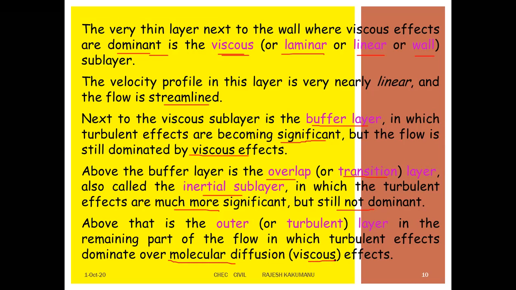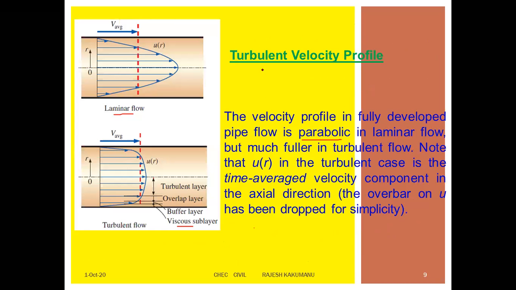Where turbulent flow particles dominate over the viscous effects, that layer we call the outer or turbulent layer. Got it? So these are the 4 layers. If you get any theory part in the question, you can draw the graph, draw the figure like this profile, and explain those 4 layers. Okay, next.